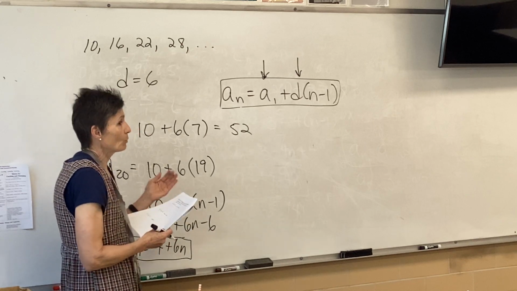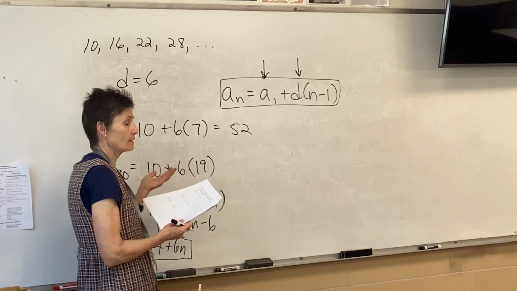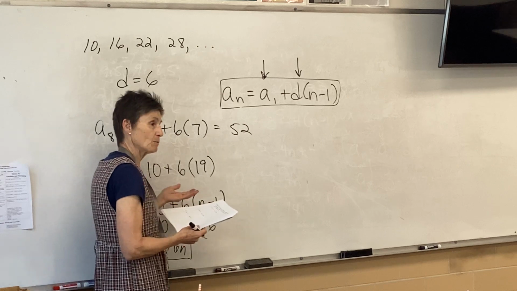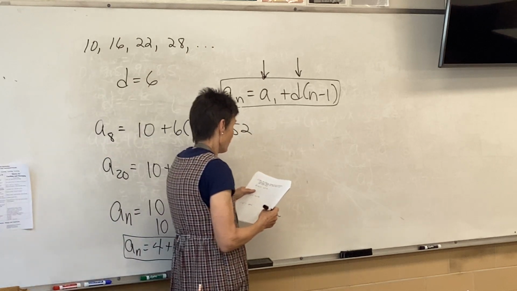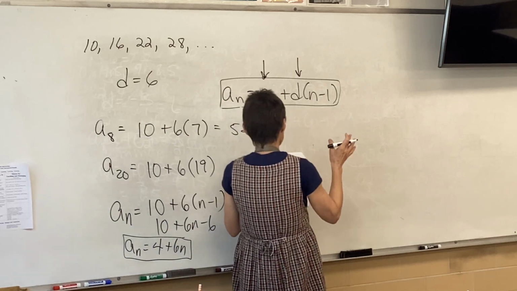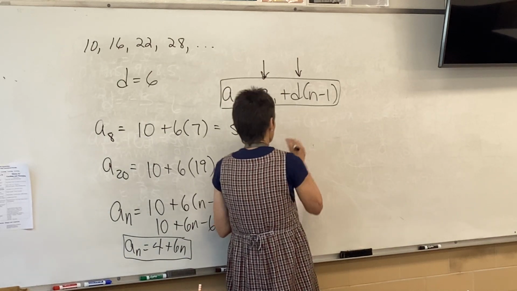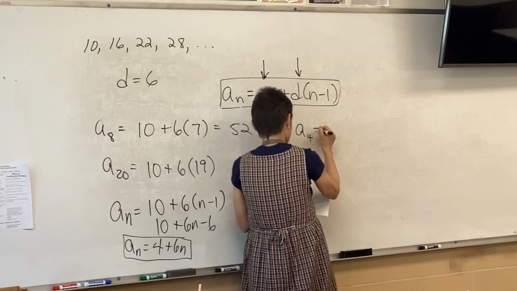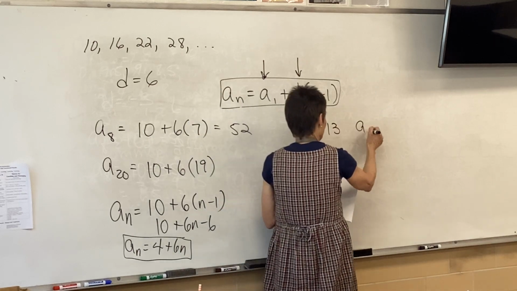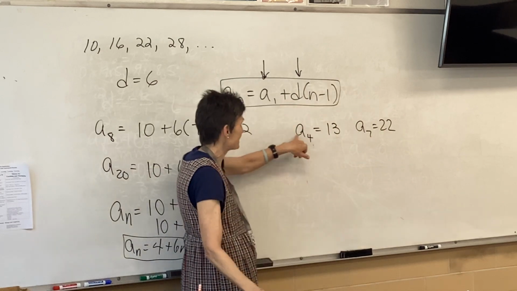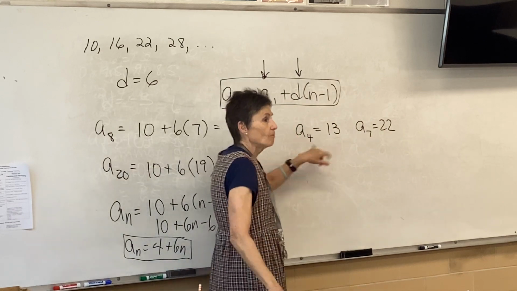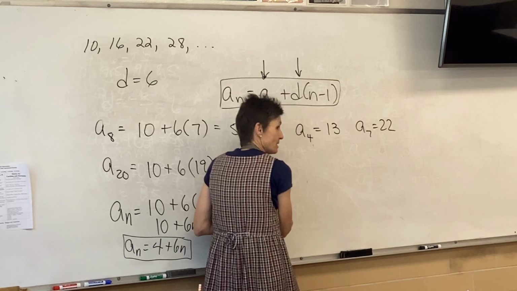Right now, we're going to do what some kids find really hard. I don't think it needs to be, but some kids think it's hard. We have an arithmetic sequence. We are given this information. Now, can you tell me what that information is? What does this mean? The fourth term. So here's my sequence.